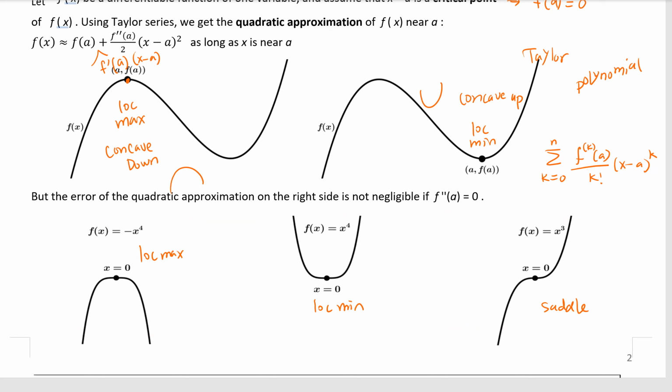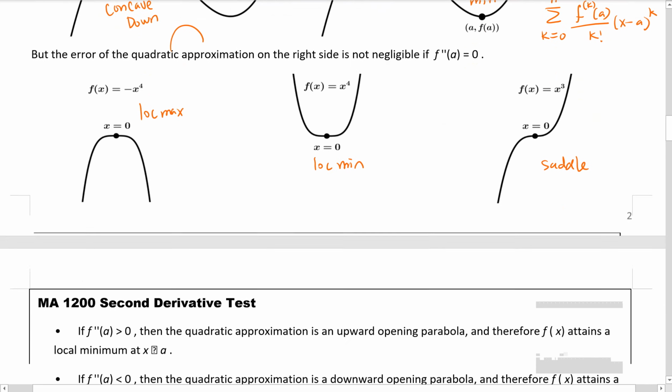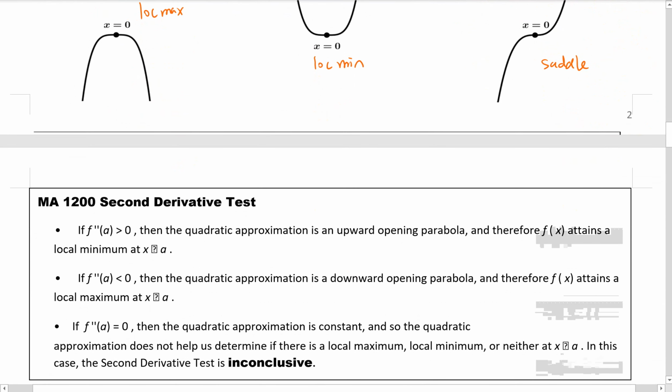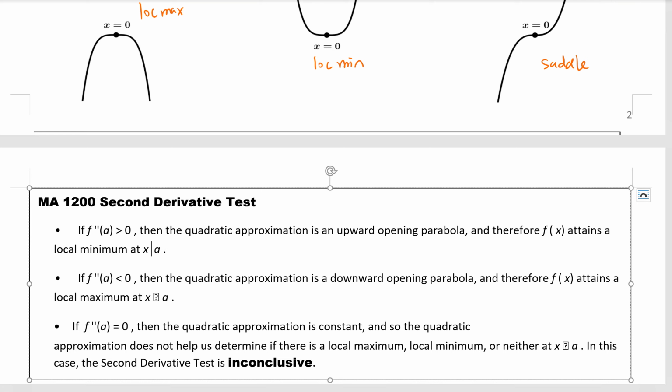That's why the second derivative test is inconclusive when the second derivative is 0. If the second derivative is positive, then the quadratic approximation is an upward opening parabola. Therefore f of x attains a local minimum at x equals a.